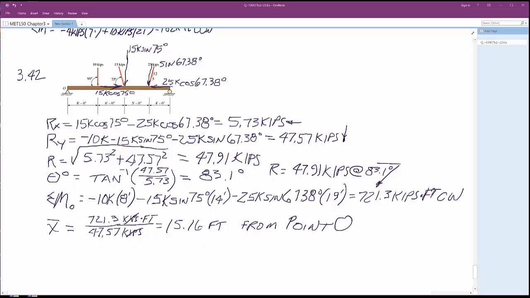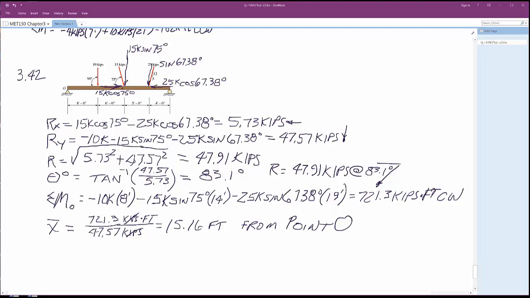Okay, now why did we use 47.57? Anytime you're looking for an X bar, you would use the Y value. Anytime you look for Y bar, you would use an X value. So what we're looking at here is, we know this thing is off at an angle of 83 degrees, but to find out how far it is from this O point relative to the x-axis, we have to use the y component to be able to tell what that distance is.